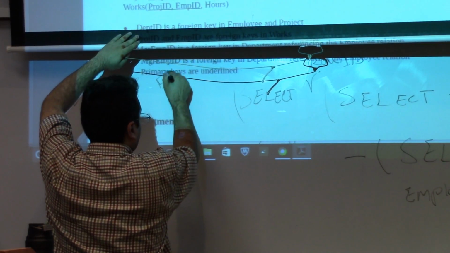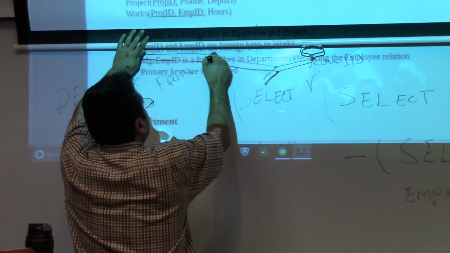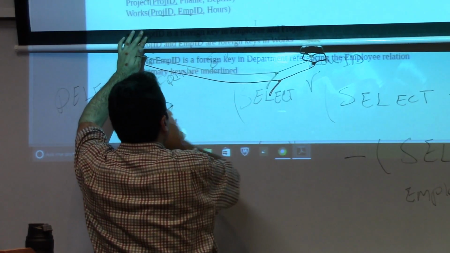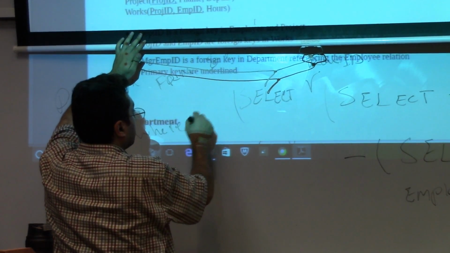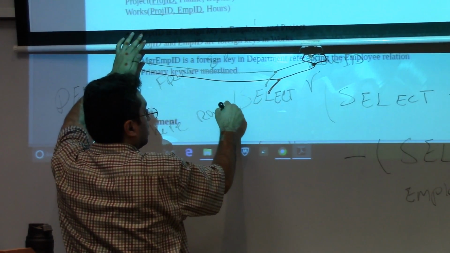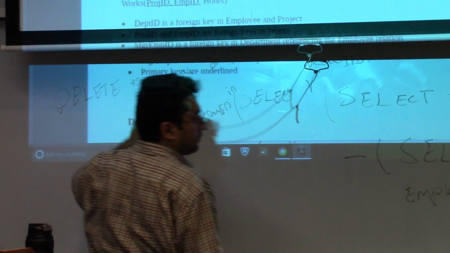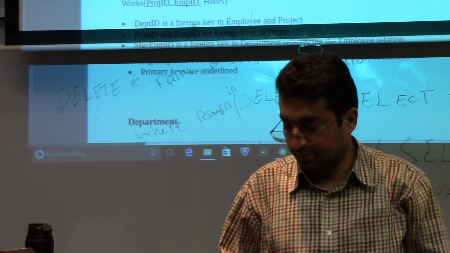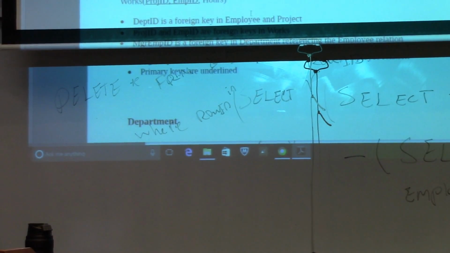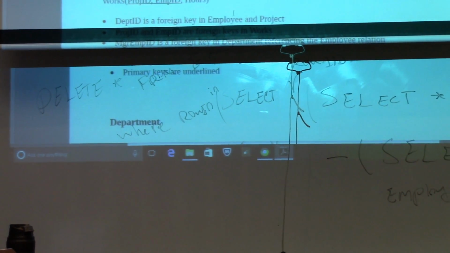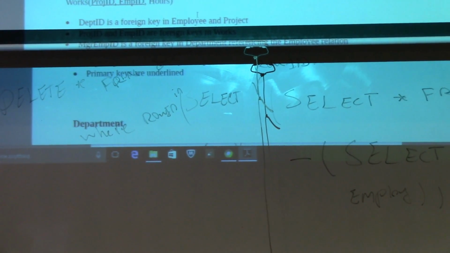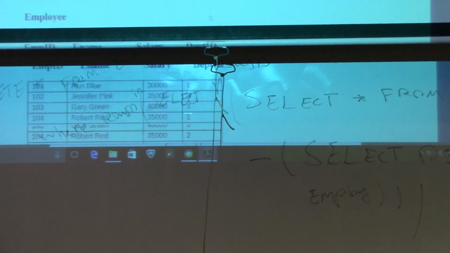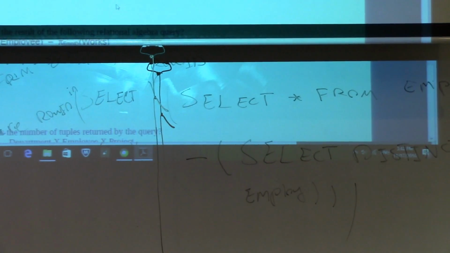So delete from employee where row ID is in this. That's it. But the correct answer is that the employee table has a key, so it cannot be duplicated.